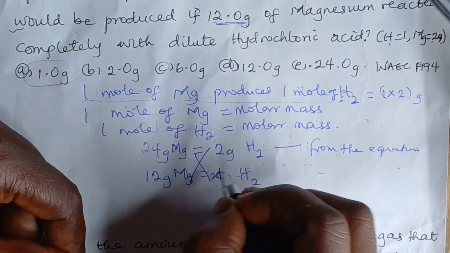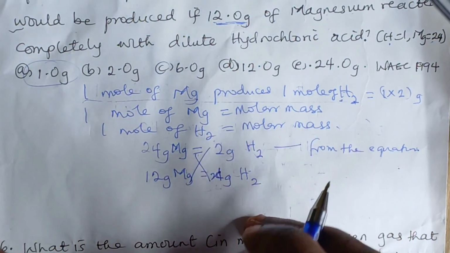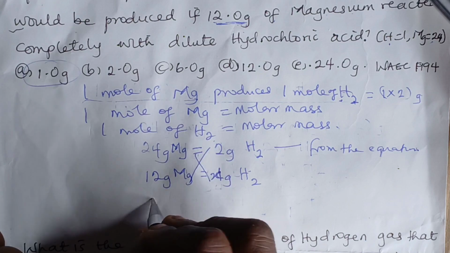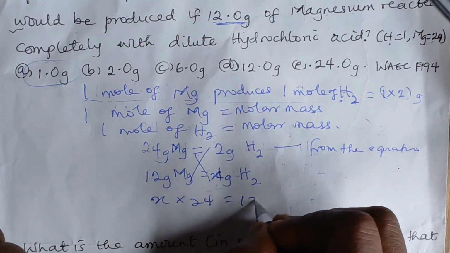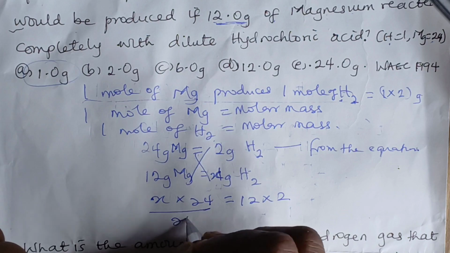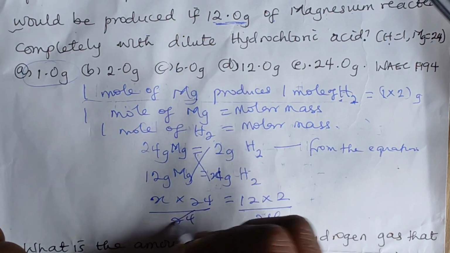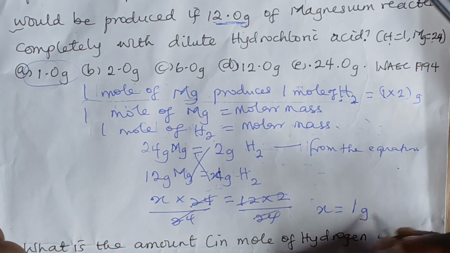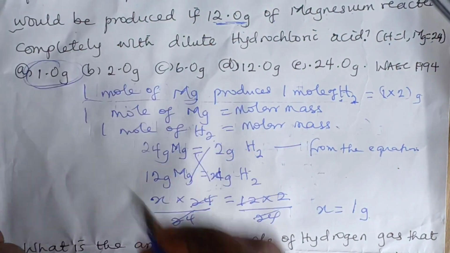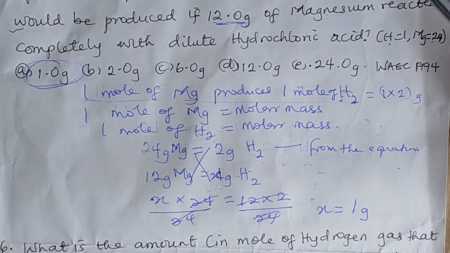So cross multiplying, we have X multiplied by 24 equals 12 multiplied by 2. Dividing both sides by 24, X will give us 1 gram. So the best option here is 1 gram.